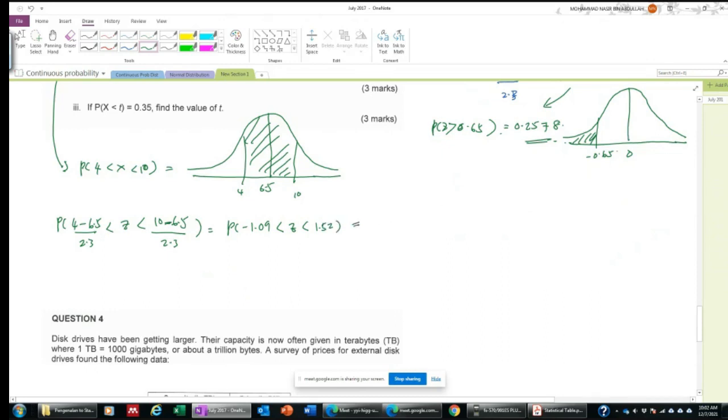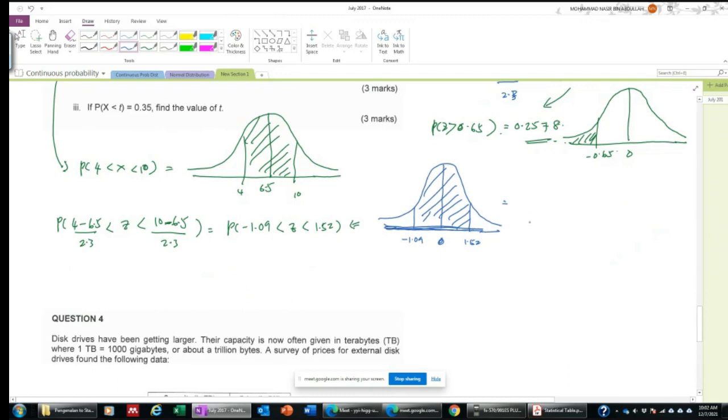To find this probability value, let's try to figure it out by drawing the Z distribution curve. So this is 0, negative 1.09, and this is 1.52. So we want to find this area, right?